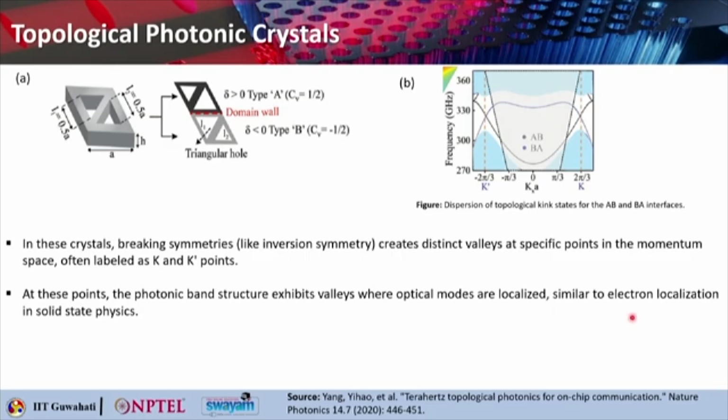So, what is important here? The valley's topological nature ensures that robust edge states along the boundaries of the crystal can be formed. When light travels through these edge states, they are highly resistant to backscattering and defects, mirroring the unidirectional robust flow seen in electronic topological insulators.